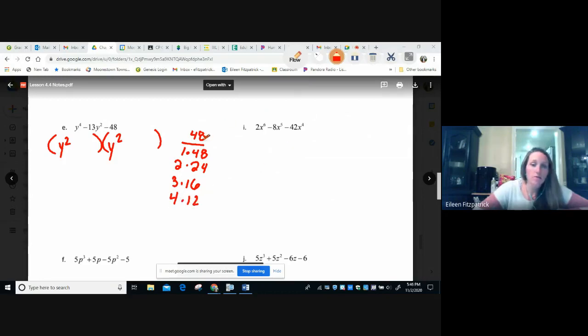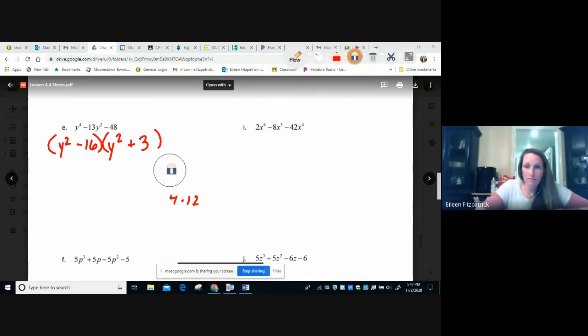Which of those factors will combine to a negative 13? Well, if you had a negative 16 and a positive 3, wouldn't that add to a negative 13? And since we really want to multiply to a negative 48, a negative 16 times a positive 3 will multiply to a negative 48, but combine to a negative 13.